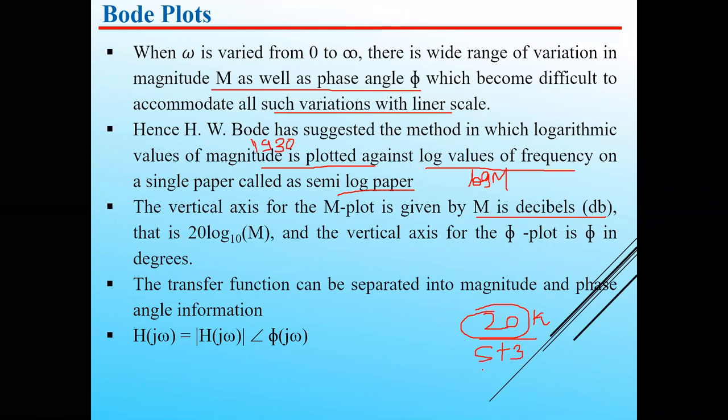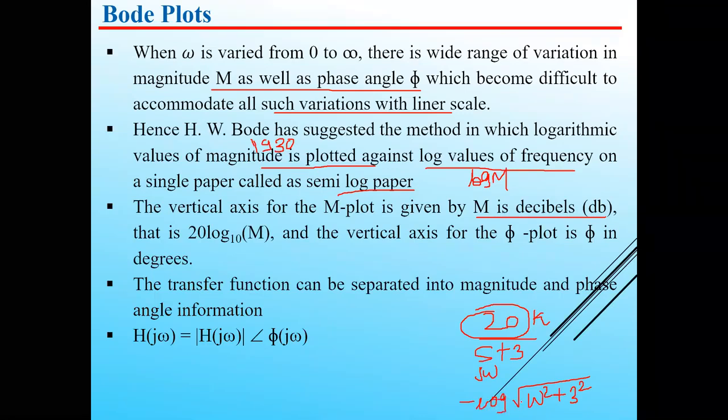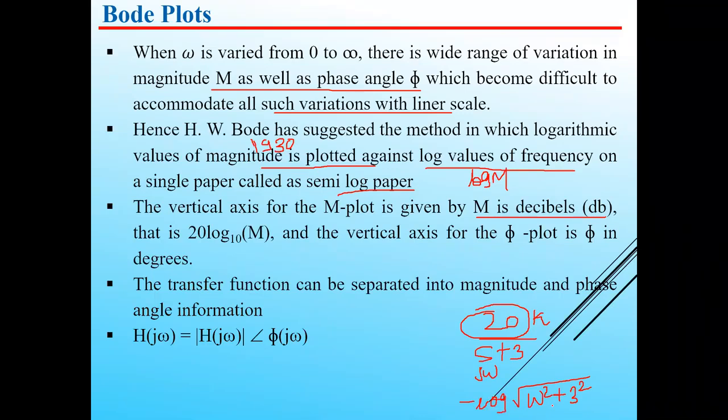कसं घ्यावं लागेल बघा. इथं मी j ओमेगा रिप्लेस करते. So magnitude becomes root of x square plus y square, म्हणजे ओमेगा स्क्वेअर प्लस 3 स्क्वेअर. पण हा पार्ट कशाला आहे, डिनॉमिनेटरला आहे. डिनॉमिनेटरचा पार्ट न्यूमरेटरला येणार म्हणजे मला मायनस साईन घ्यावं लागेल. मायनस लॉग ऑफ स्क्वेअर रूट ऑफ ओमेगा स्क्वेअर प्लस 3चा स्क्वेअर आणि इथं पहिलं येणार आहे लॉग ऑफ 20.